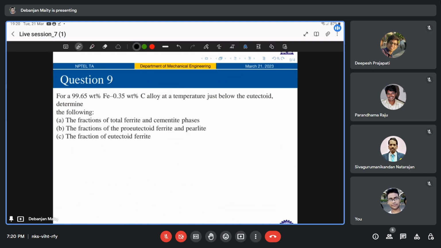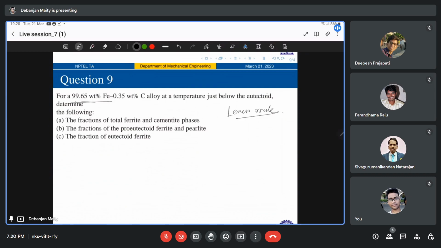This is a numeric one actually. Again, this is from the lever rule, which you are familiar with. Can you please try to solve this one?